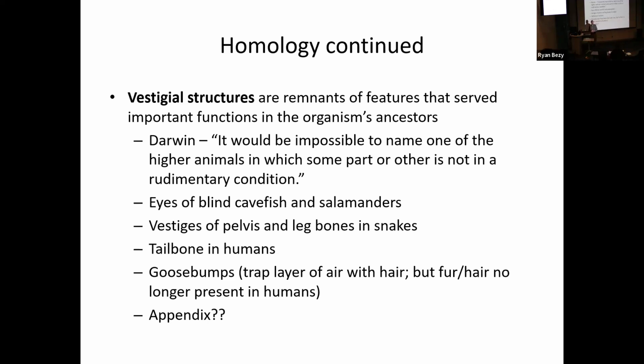Because their hair would be sticking up, it would trap a layer of air between their skin and their fur. And that was an insulating area, insulating air to help keep them warmer. So you get goosebumps because you're cold, because it's trying to do a response to keep you warmer, but that only worked in our ancestors and it doesn't work for us anymore. But it's a vestigial response.